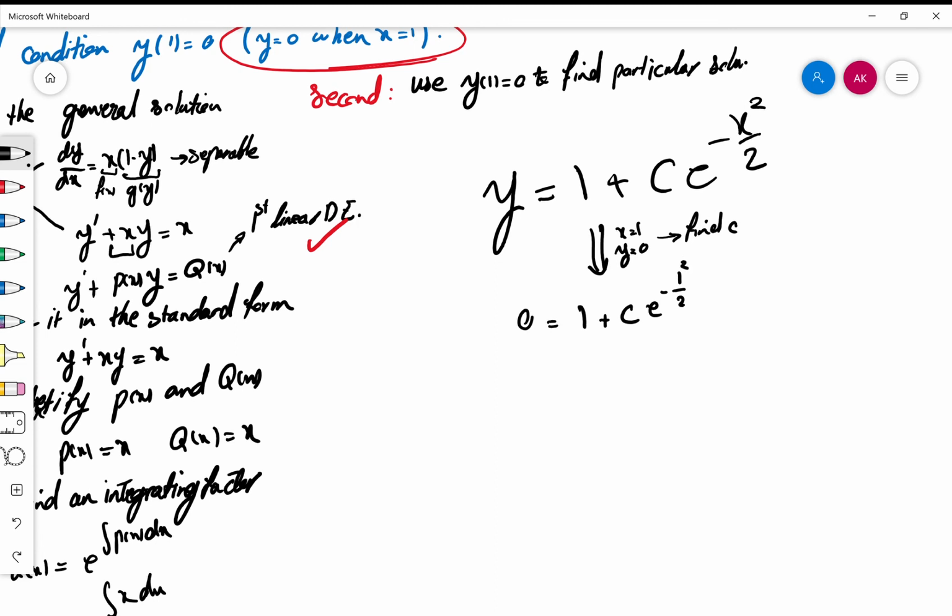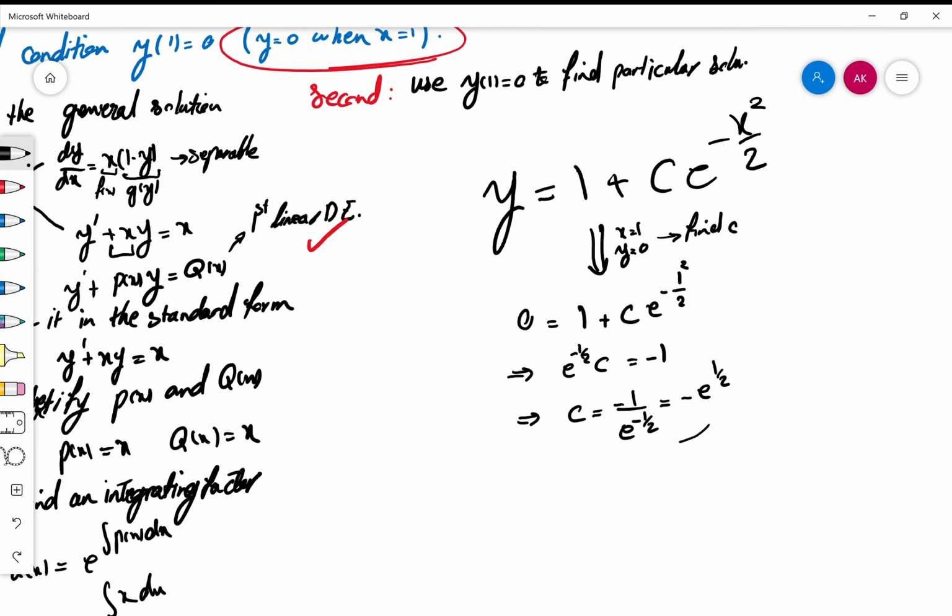This means that we have c e to the power negative half equals negative 1, and this gives us c equals negative 1 over e to the power negative 1 over 2. We can write it as minus e to the power half, which is the same thing as root e. I'll keep it this way to show you what will happen.